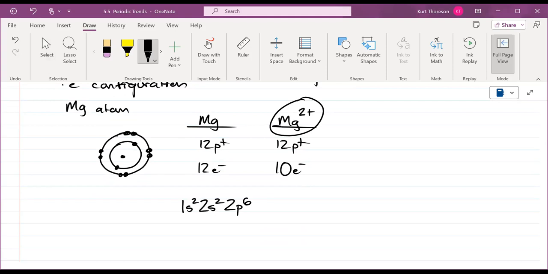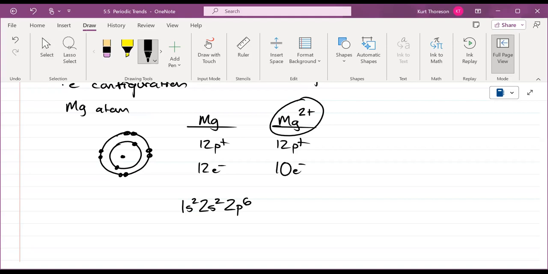If I ask you guys to do strontium right here, what column is strontium in? Right here, folks. The second column. So how many valence electrons does strontium have? 2.